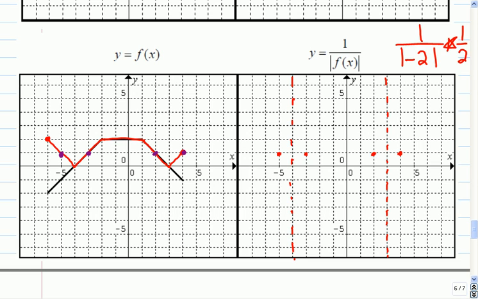The points that I think we'd all want to pick, these points look significant, so those points are ones I would include. That would take me down here at 1/2, and also at 1/2 here and here. So now I have enough of a skeleton going on this graph to talk my way through the reciprocal.